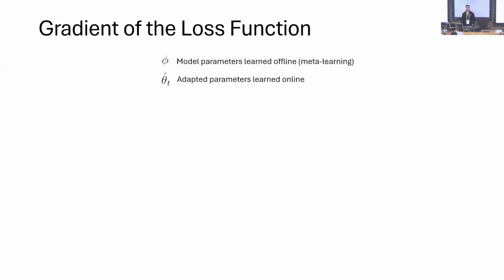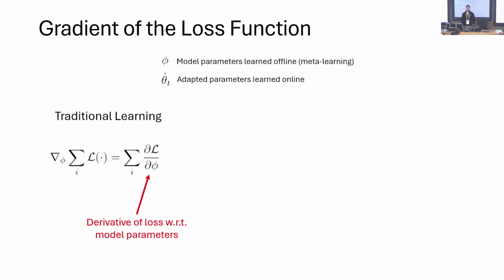I think it's good to appreciate the math behind the gradient when you do the backpropagation. So if you call phi the model parameters that we're learning offline, and theta the model parameters that the Kalman filter is adapting online: in a traditional learning approach, if you just take the gradient of the loss with respect to the parameters, that's just the derivative.